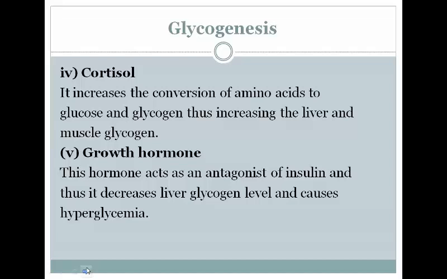As this hormone acts as an antagonist of insulin, it decreases the liver glycogen level and causes hyperglycemia, because lysis of glycogen occurs and formation is inhibited.